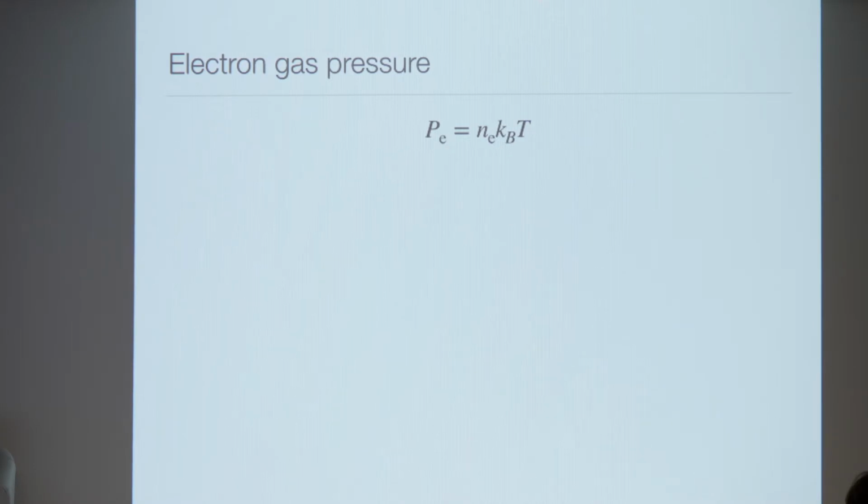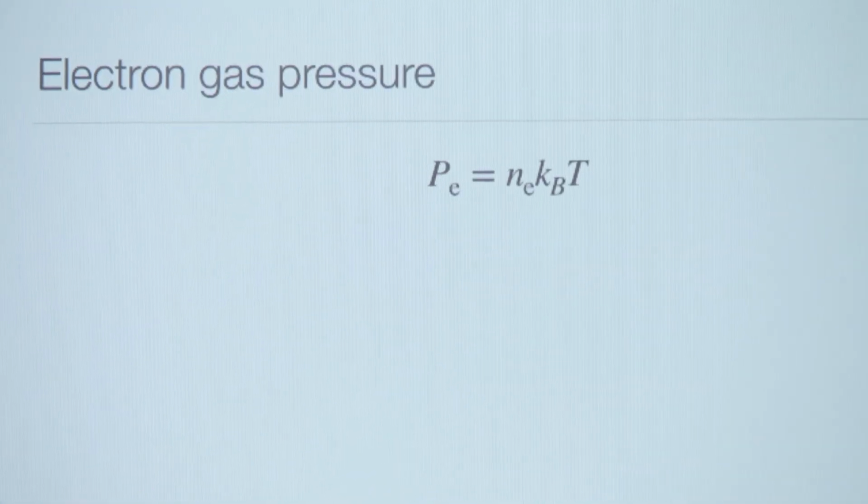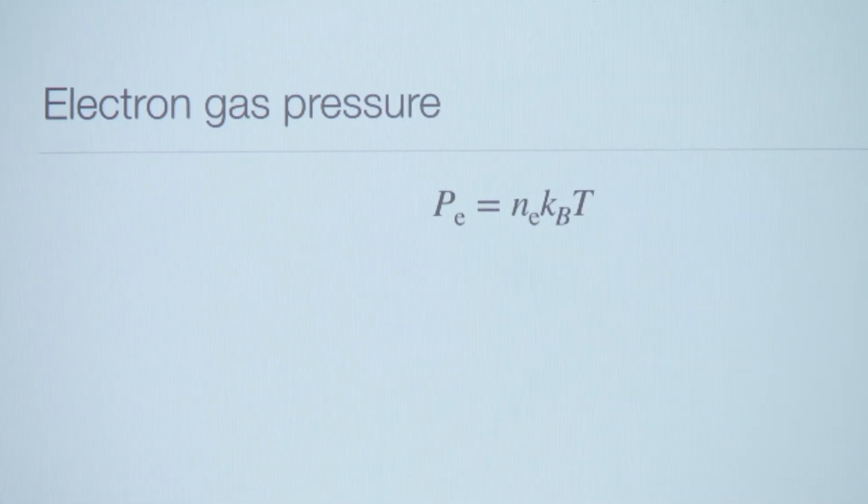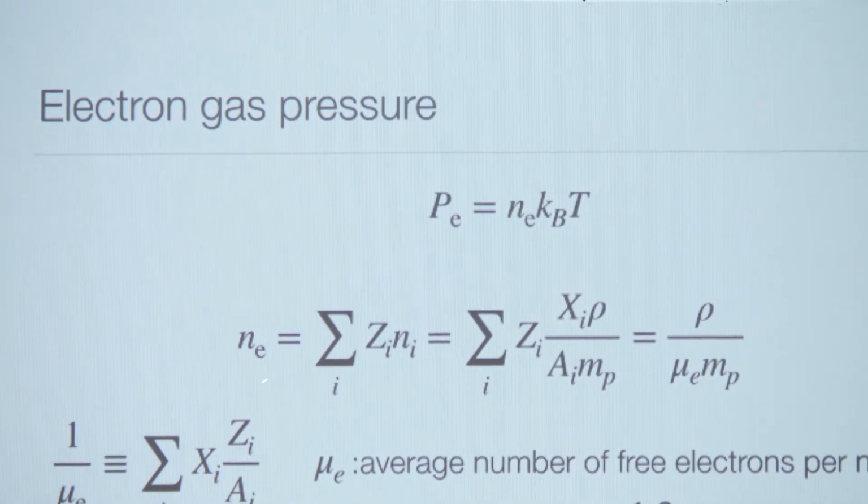And what else? We have electrons. The previous one was for ions, where we assume fully ionized gases. Of course, the same can be done for the free electrons in the stars, and we can do the same exercise.